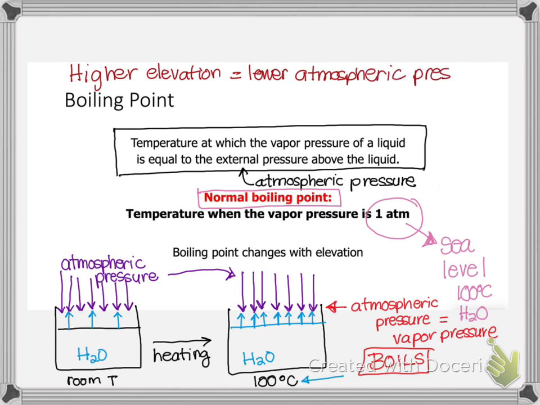And so if there's lower atmospheric pressure, it doesn't take as much energy to have the atmospheric pressure equal the vapor pressure, so we have lower boiling points. So in places like Denver, Colorado, or where I grew up, which was 7,000 feet in elevation, the water can boil anywhere from the low to mid 90s.